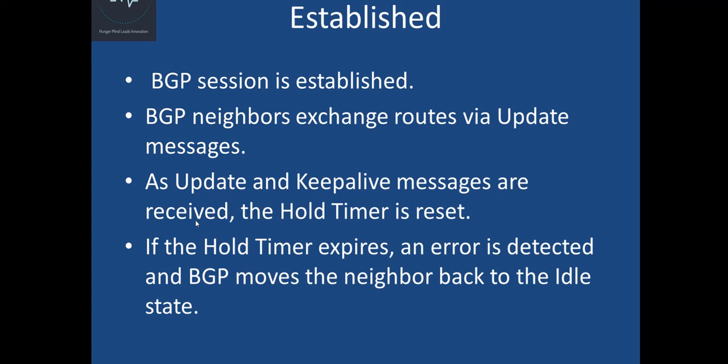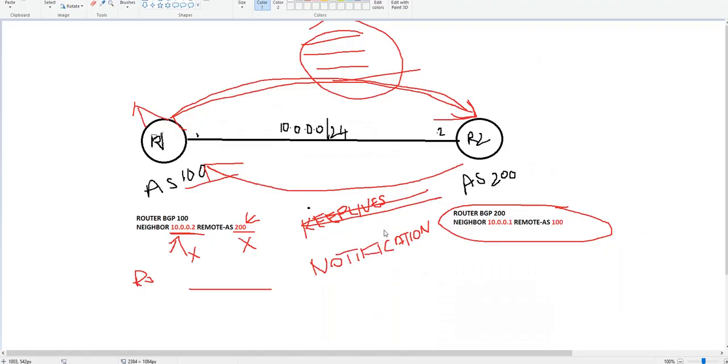Whenever we receive an update or keep alive message from our peer, every time our hold timer will be reset to its original value. Let's say that the hello timer in BGP is by default 60 seconds, and the hold timer or dead timer, both the same, is by default 180.